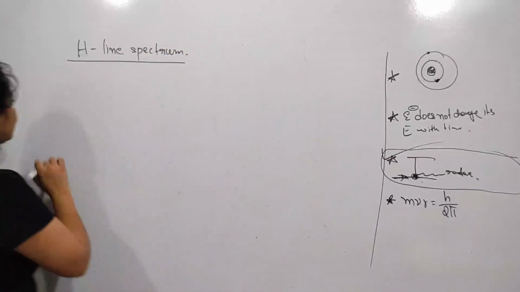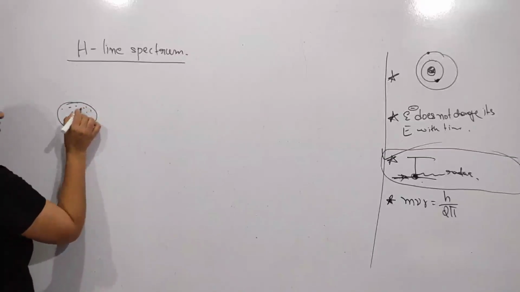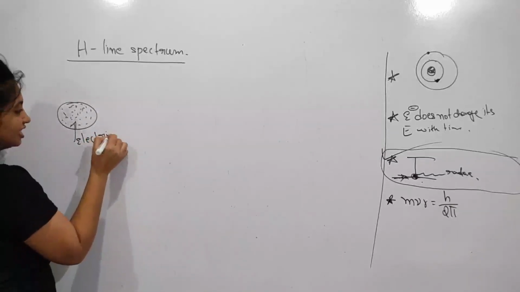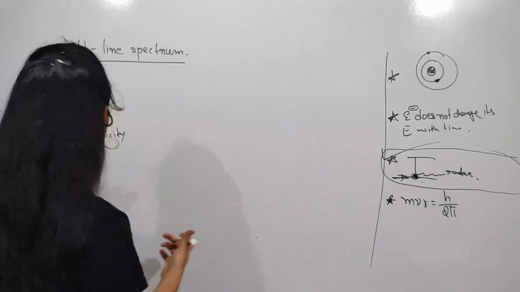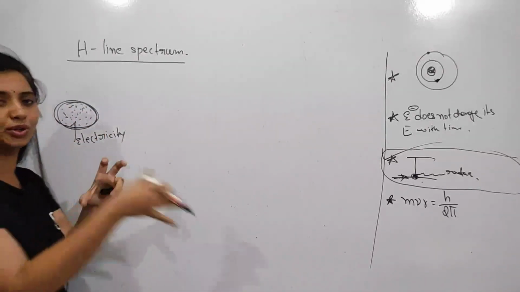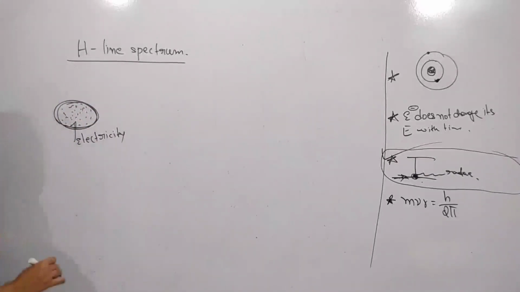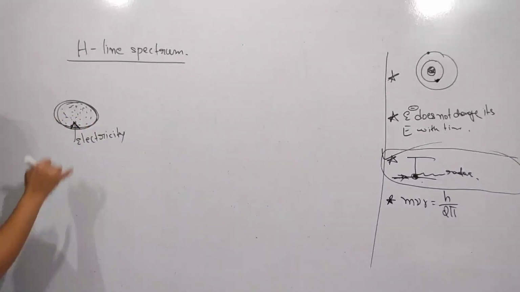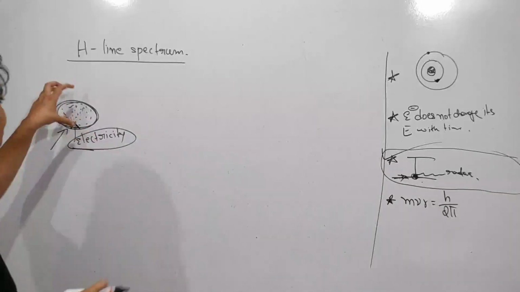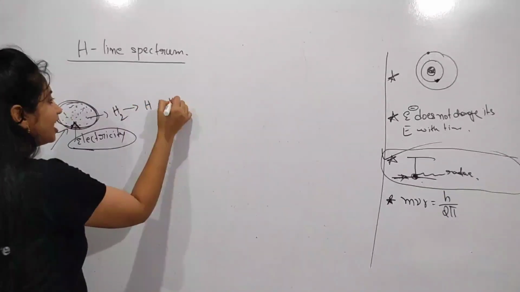So see here, we take hydrogen gas. When we discharge electricity or supply energy to this hydrogen gas, which is a collection of hydrogen atoms, the hydrogen gas splits into individual hydrogen atoms.